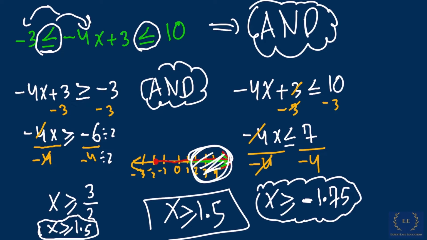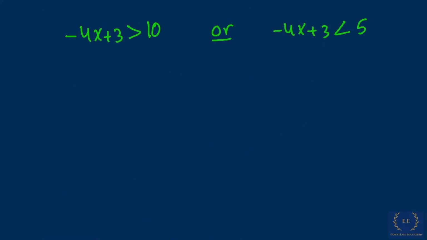Let's take another example where we simply take the same inequality and we play with it a bit to have an OR condition. So in order to do so, simply solve every single piece by itself. I will say I have minus 3 over here, minus 3 over here, minus 4x greater than 7. I'm going to do a different approach over here just simply to make sure that the previous part, how I got this solution, is clear for you. Divide by 4 without the minus sign.